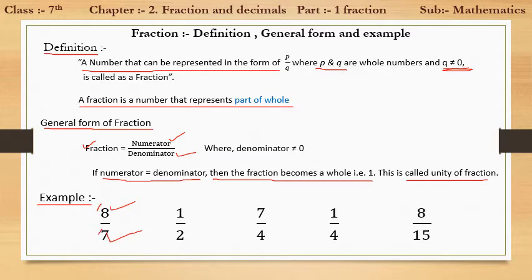That's why 8 by 7 is a fraction. This one, 1 by 2: 1 and 2 are both whole numbers and 2 is not equal to 0. That's why this is also a fraction. Some more examples are 7 by 4, 1 by 4 and 8 by 15, all are examples of fractions.